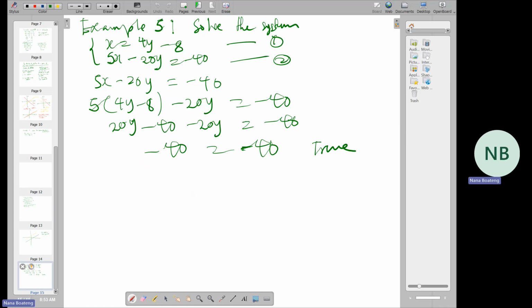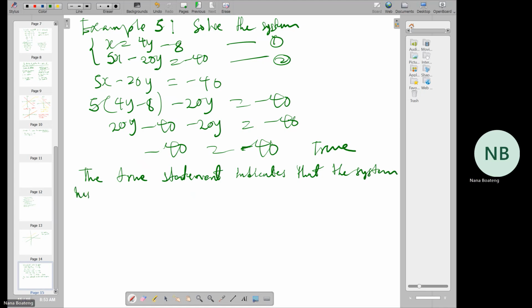So we say that the true statement indicates that the system has infinitely many solutions.